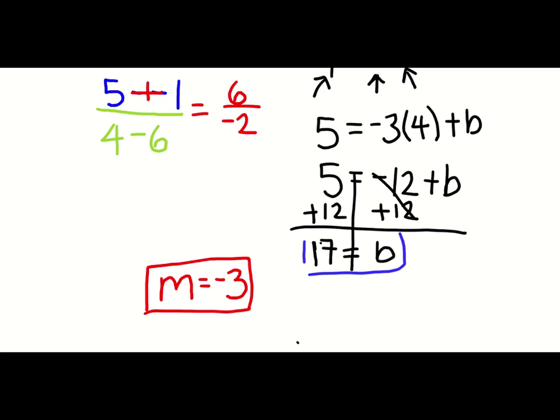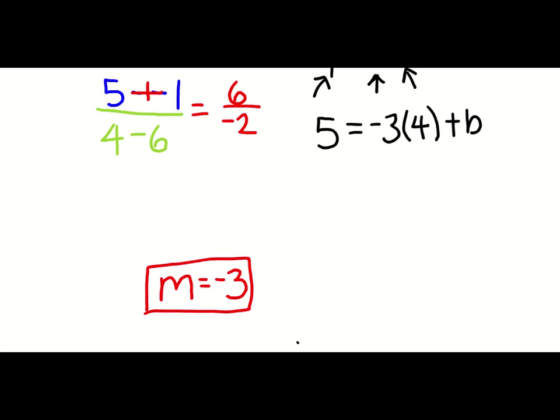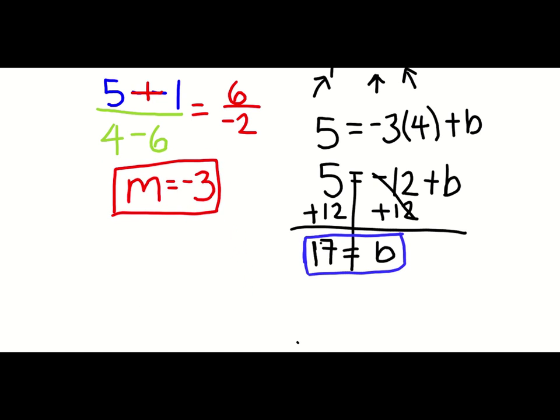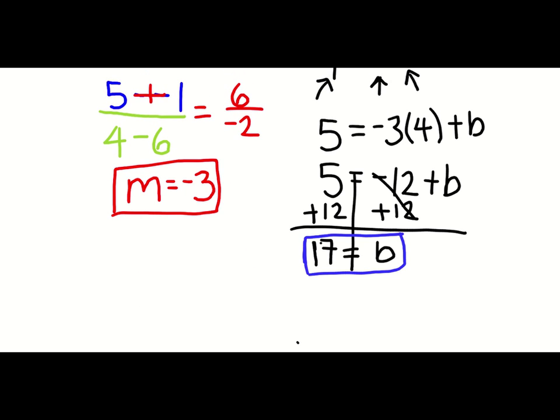So once you have your y-intercept and you have your slope, then you can write the final equation of the line. So our final equation of the line will take the form y equals mx plus b.